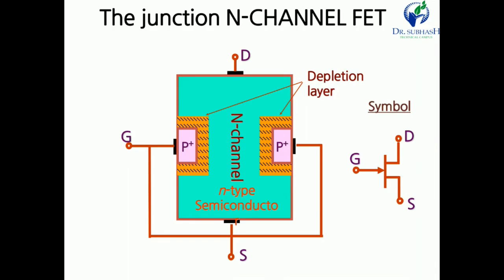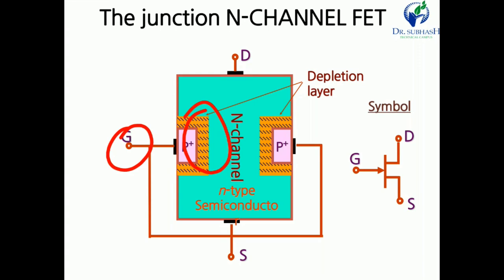Here two PN junctions are actually created. This one is P type semiconductor, this is also P type semiconductor, and this is N type semiconductor. Between P and N there is one junction here, and one junction here also. Whenever we apply some voltage to the gate, according to the gate voltage, a depletion region will be created.